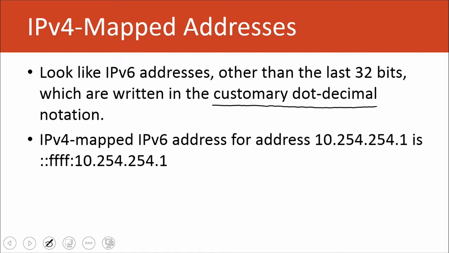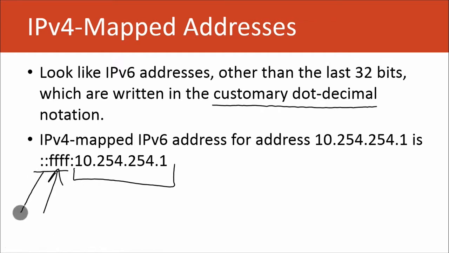And so if you look at this here, we have an address that's written with the hexadecimal characters. Note that we got those 2 colons showing us condensing, right? And then we just feature the IPv4 address for the last portion of that IPv4-mapped IPv6 address.